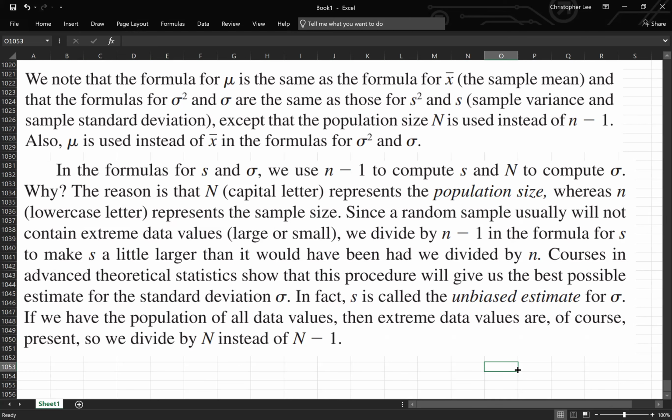In fact, S, the sample standard deviation, is called the unbiased estimate for the population standard deviation. If we have the population of all data values, then extreme data values are of course present. So we divide by capital N instead of n minus one. All right.